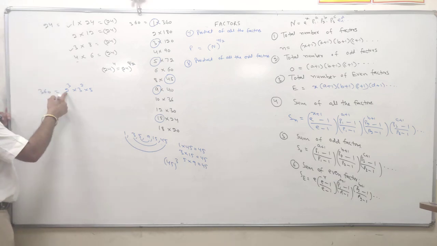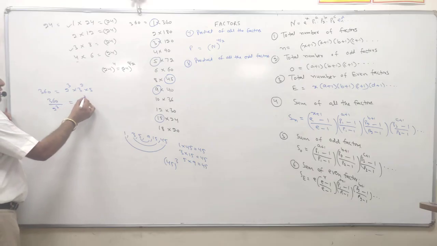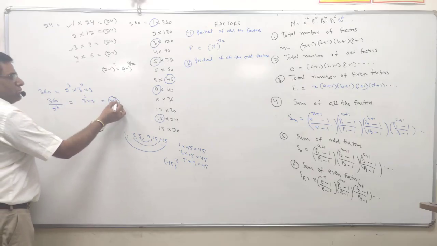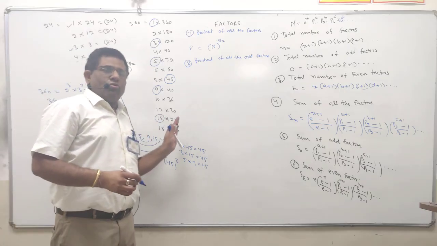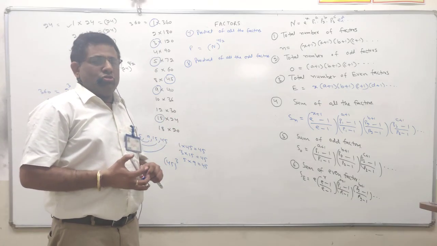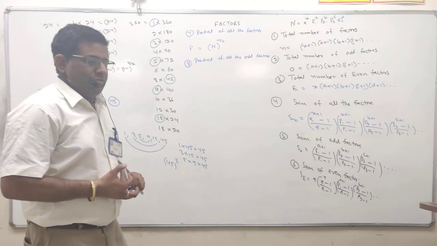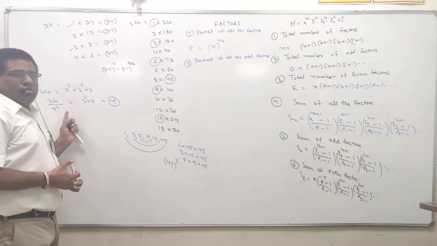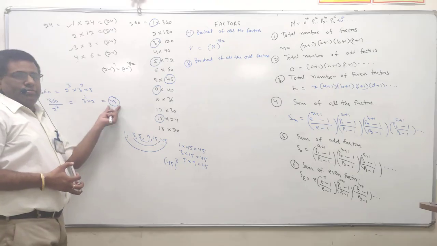This is 360 upon 2 cube. We are just dividing by 2 cube, and the remaining is 3 square into 5, because now 45 is also a composite number. Calculating the product of the odd factors of 360 is the same as calculating the product of all the factors of 45. That is, we are dividing out all the even factors from 360. Now 360 upon 8 becomes 45. It means you have to calculate all the factors of 45.